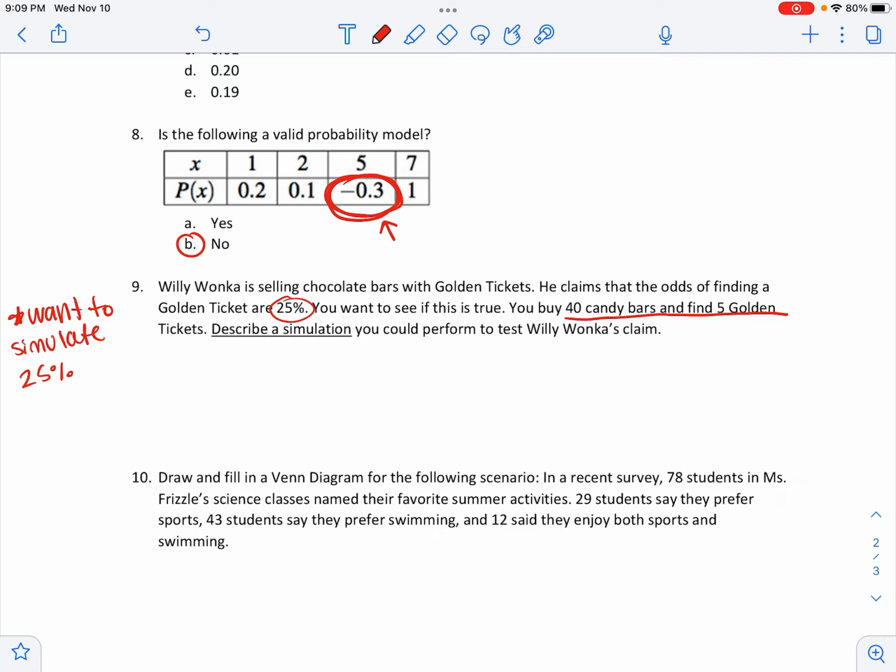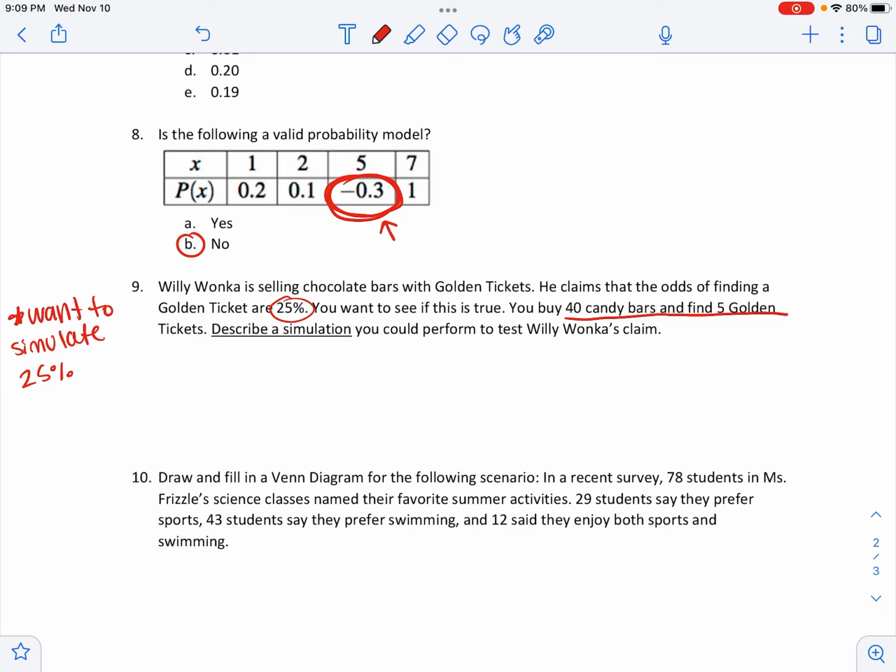So when you do a simulation, we came up with a few examples in our notes that you could do. You can roll a dice. You can use a deck of cards. You can use a spinner. You can use a random number generator. But the key is whatever you choose to do, it must simulate a 25% chance of winning.